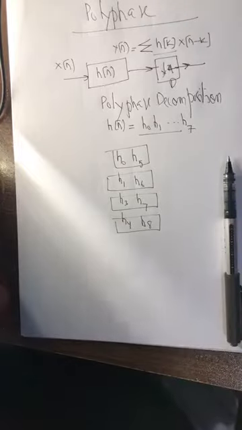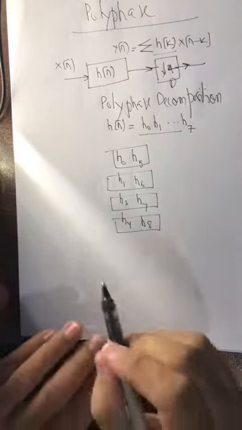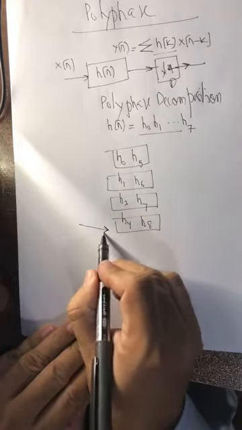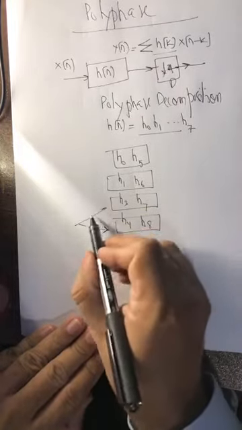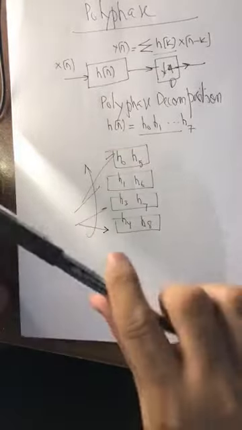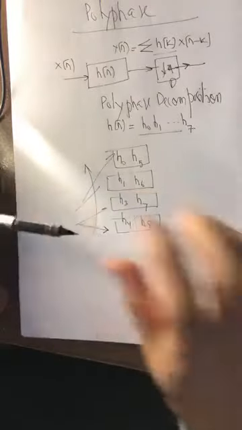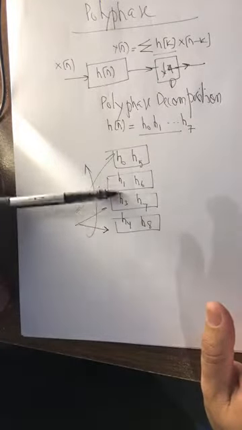Once you are done with this, you give the first sample of the input signal to this, then second, third and fourth. So this is a switch where you are distributing samples: first, second, third, fourth, first, second, third, fourth.